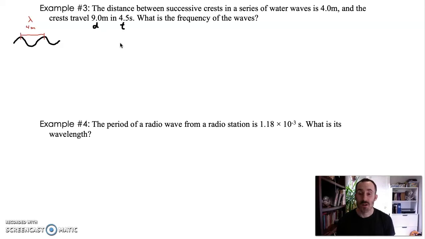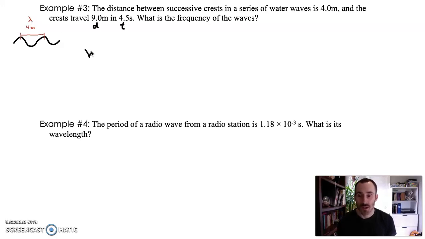So we need to figure out the frequency using all of this. Here's what was disguised in this question. It tells us distance and time, which gives us velocity, or speed in this case. So if we know speed and we know wavelength, then we can use the wave equation to solve for frequency.